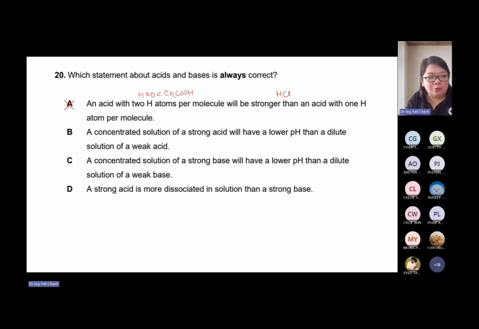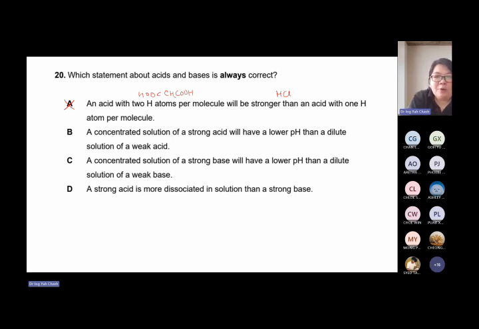Now, answer B: a concentrated solution of a strong acid will have a lower pH than a dilute solution of a weak acid. A strong acid doesn't have to be concentrated to already have a lower pH most of the time than a dilute solution of weak acid.